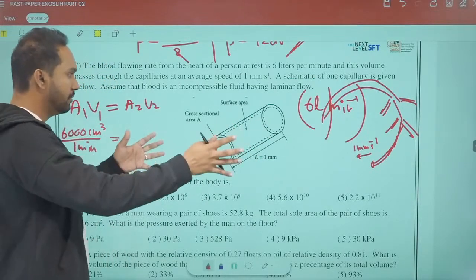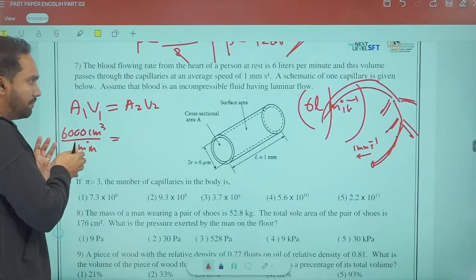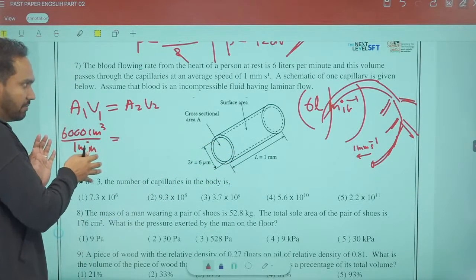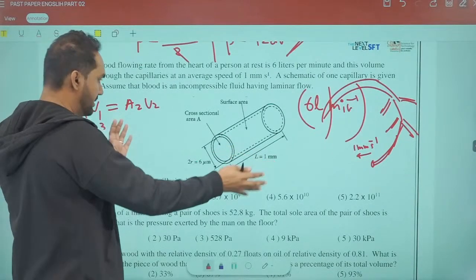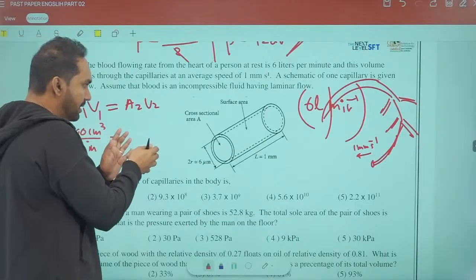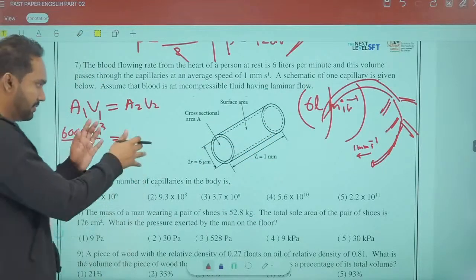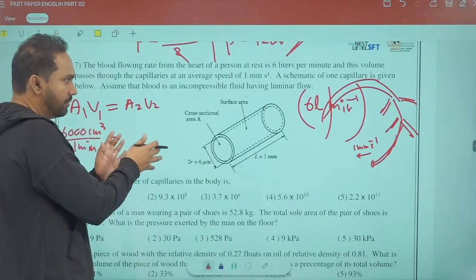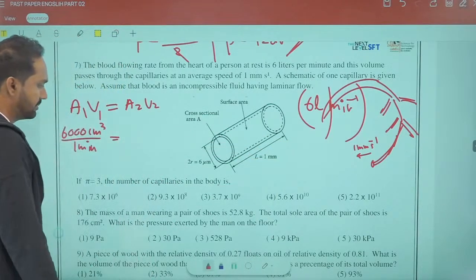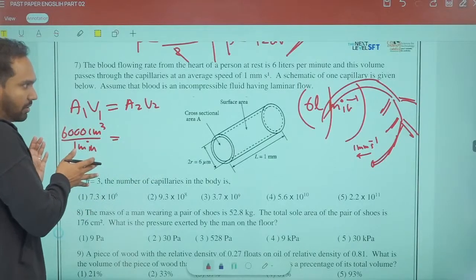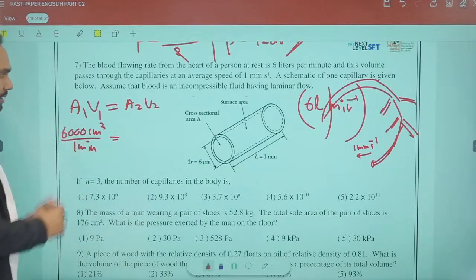That total volume per time should equal the total volume pumped by the heart in a unit time.